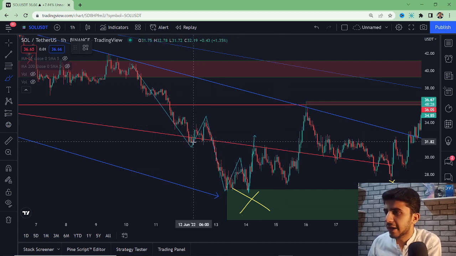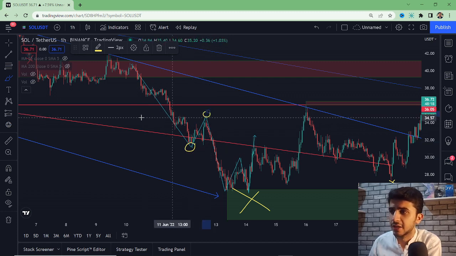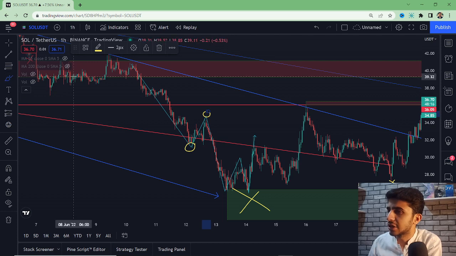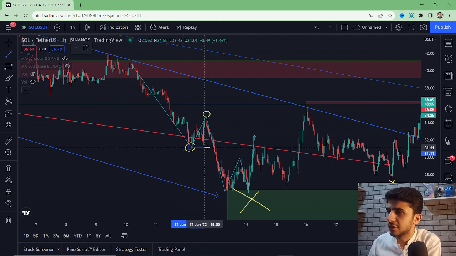Right now you can see that the price came to this region. Institutional investors bought it here and sold it here. Now this is your structure. You need to break out of this structure.